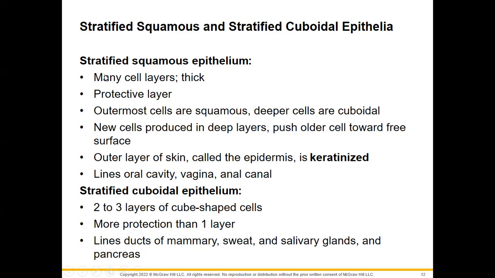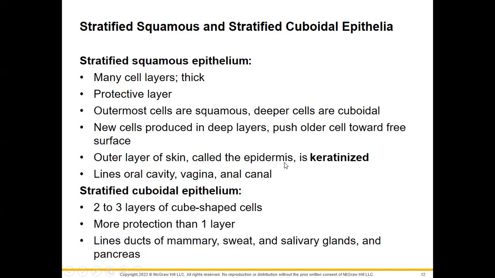In stratified squamous epithelium, the outer layer of skin, so now we're actually talking about the outside of our bodies, our skin, is called epidermis. Epi meaning outside, dermis referring to the skin.